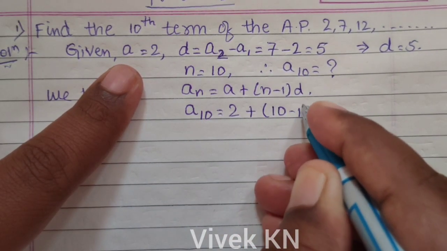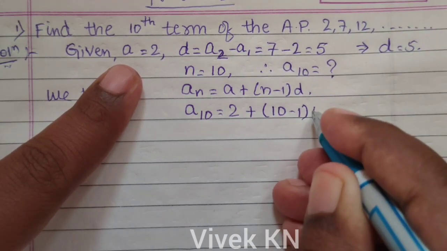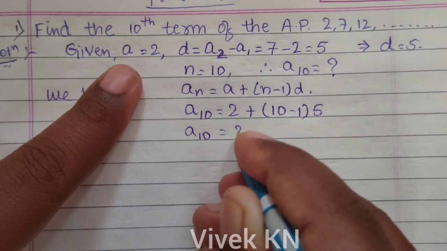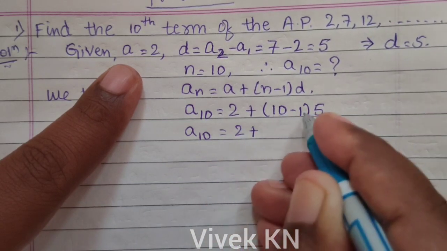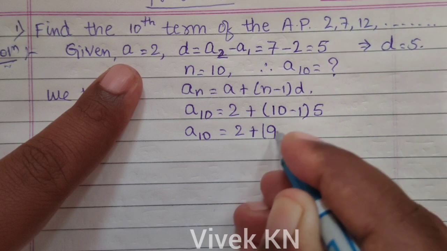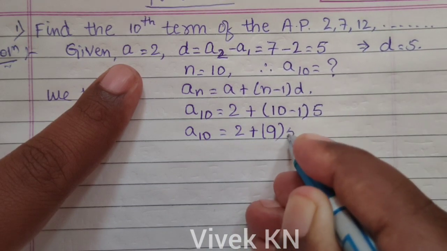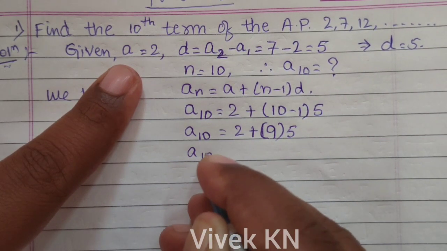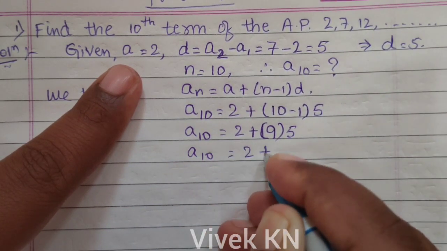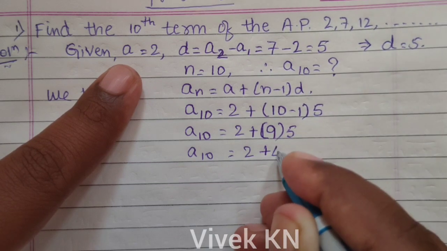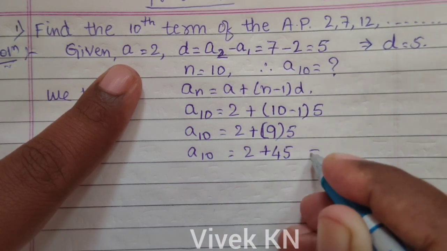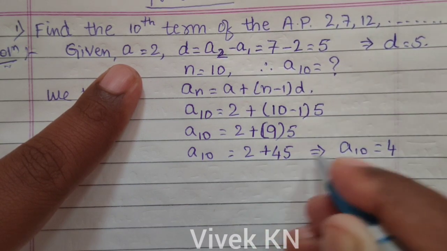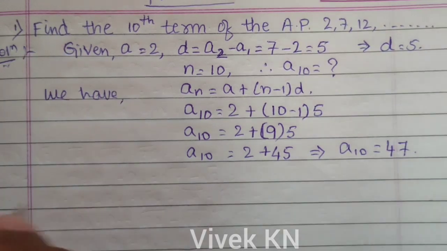So 10 minus 1 into the common difference 5. a10 is equal to 2 plus 10 minus 1, which is 9, into 5. a10 is equal to 2 plus 9 into 5, 9 fives are 45. That is a10 is equal to 45 plus 2, 47.